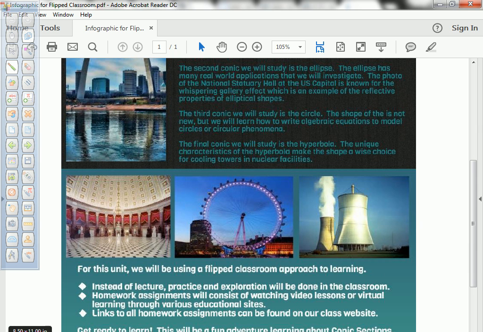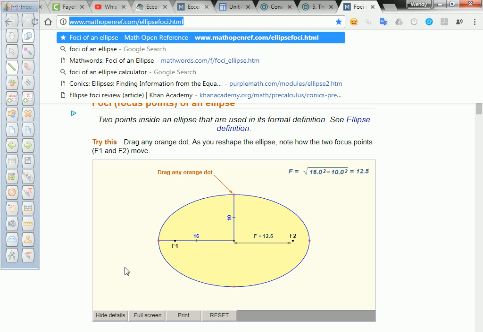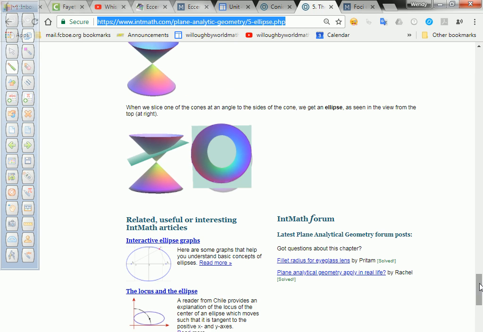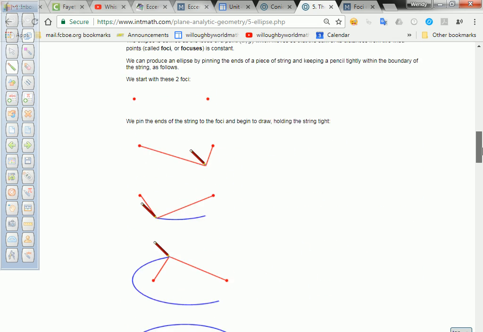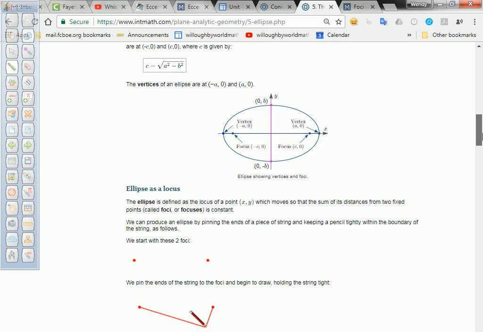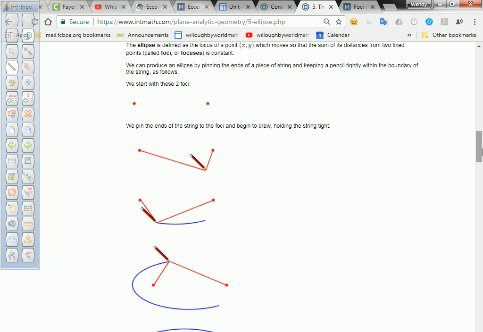And let's go back to this one. Yeah. Okay. So the ellipse. The definition of a circle was a set of all points in a plane that are equidistant from a given point, and that given point was the center. Well, an ellipse is similar, but what we do is we start with 2 points.